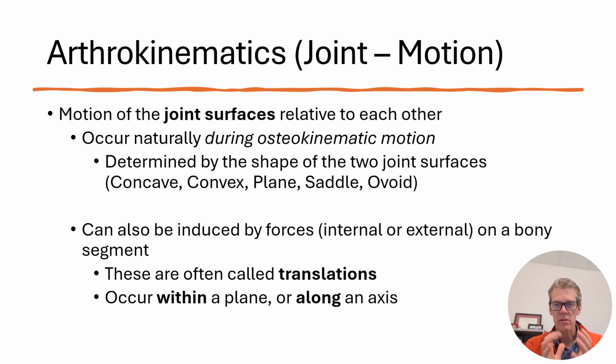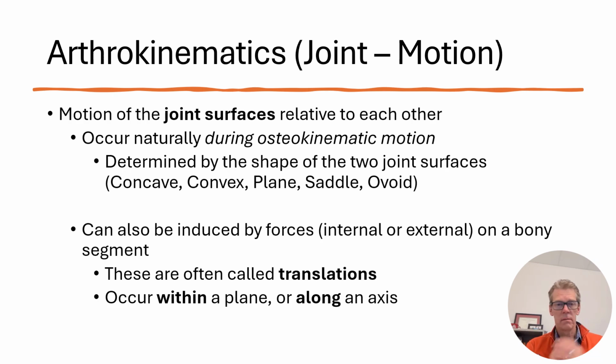These are joint surface motions that happen naturally. We don't think about them, but they're needed, and they happen for a lot of reasons. The joint configuration, the location of the muscles, the soft tissues around the joint that are restricting motions and guiding motions. So there's a lot of reasons why these things happen, but they occur naturally.